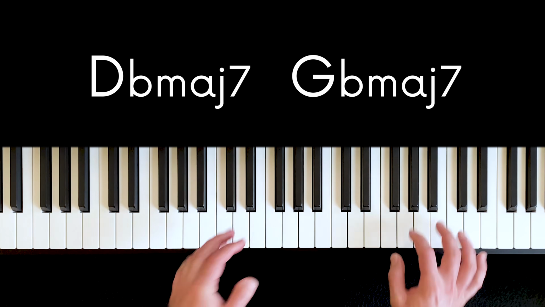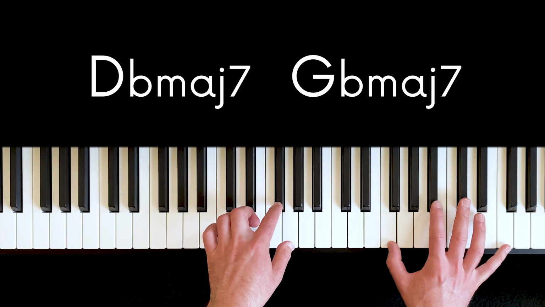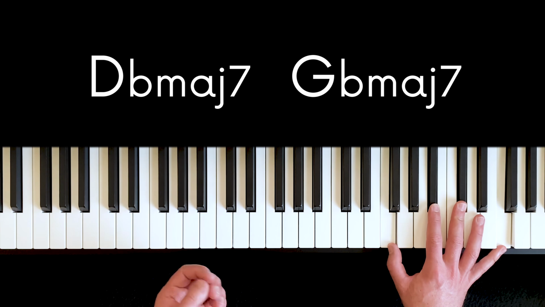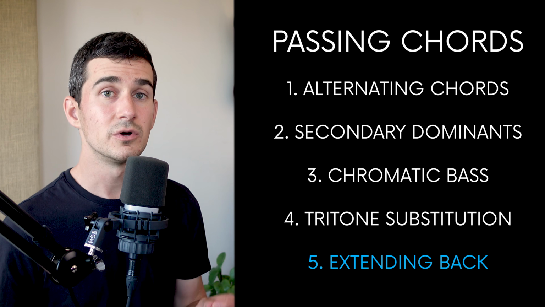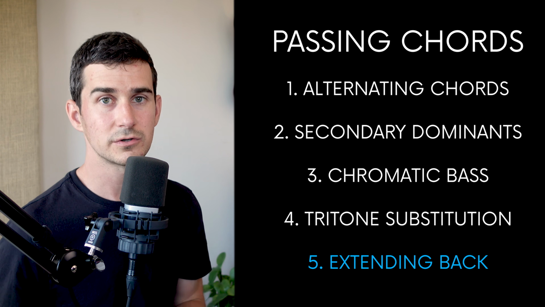So now we've explained the final chord in this funky last part of the Natalie Cole example. What about these other 2 chords? D flat major 7 and G flat major 7. Well, I think this is a good introduction to the concept of extending back further from the arrival chord. And this is something that you can take with you to do with all of these passing chord concepts.